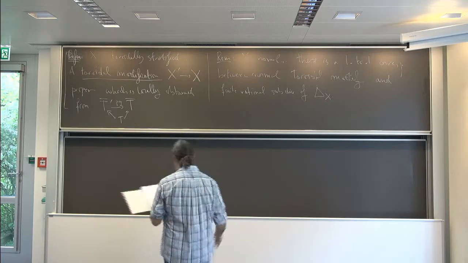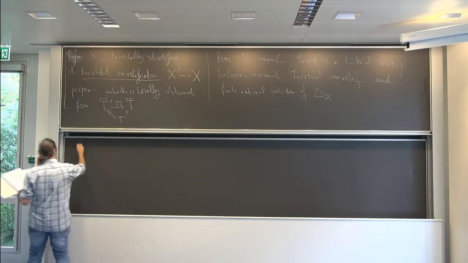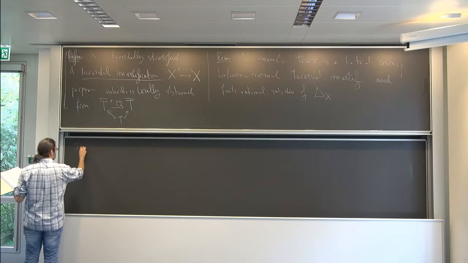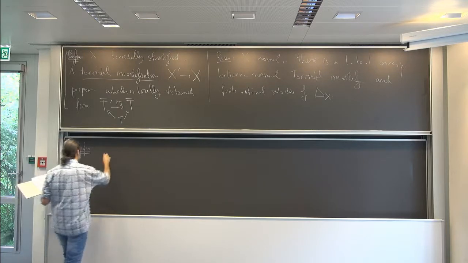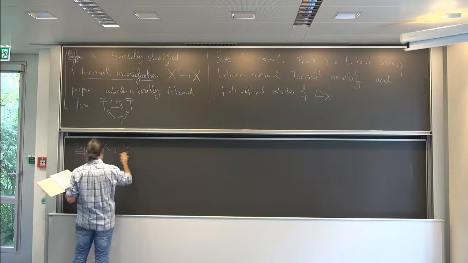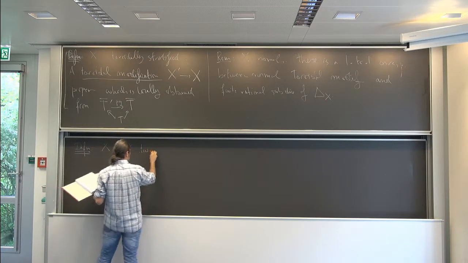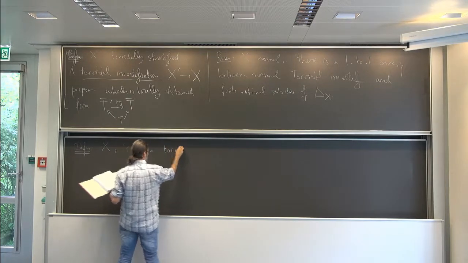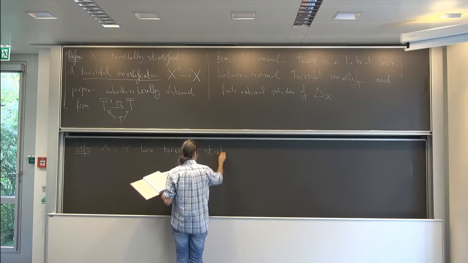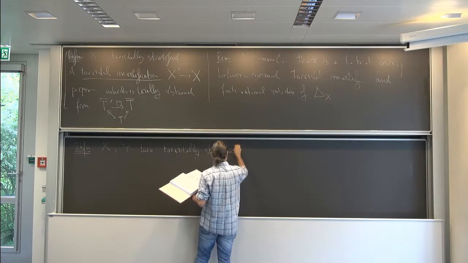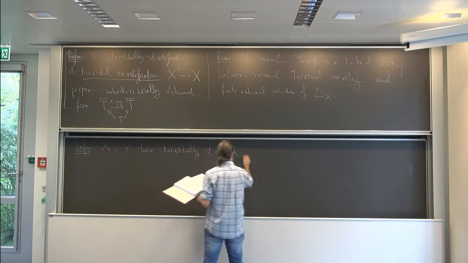So I also need the notion of toroidal morphism. Here I take X and Y two toroidally stratified schemes.